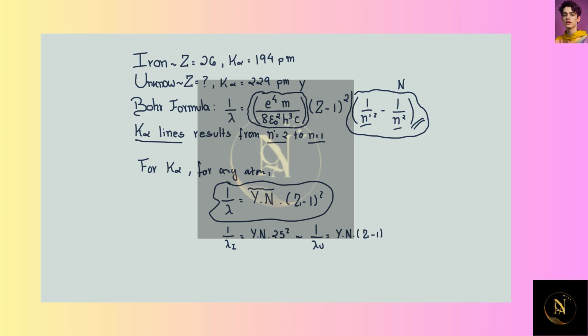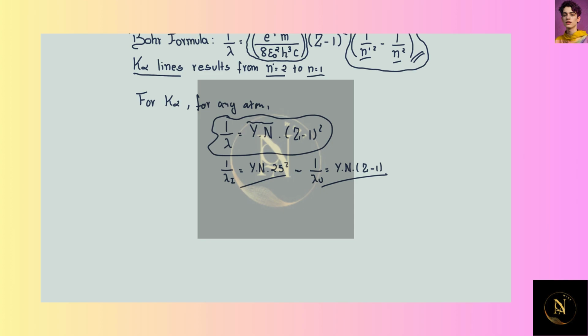Now we can divide this by this, and by doing so, we get the following. Lambda iron divided by lambda unknown equals Y times N times z minus 1 divided by Y times N times 25 squared.